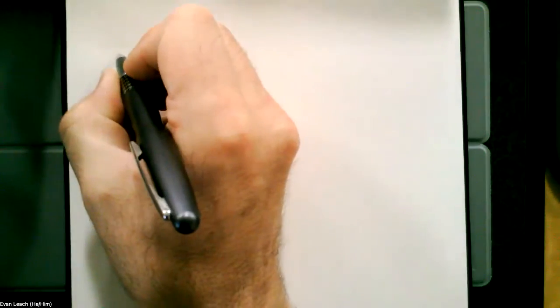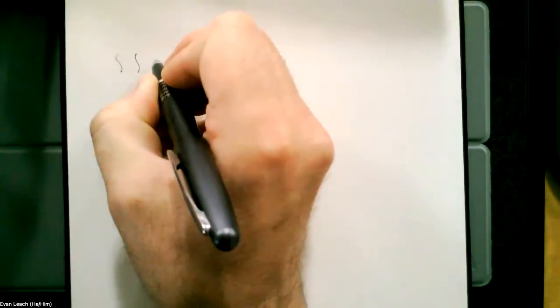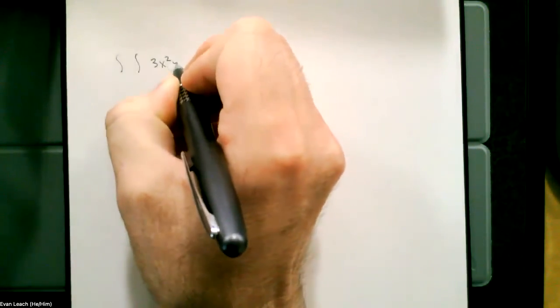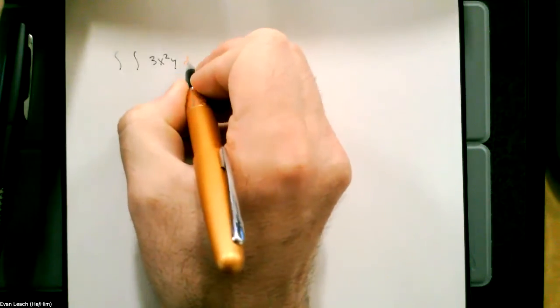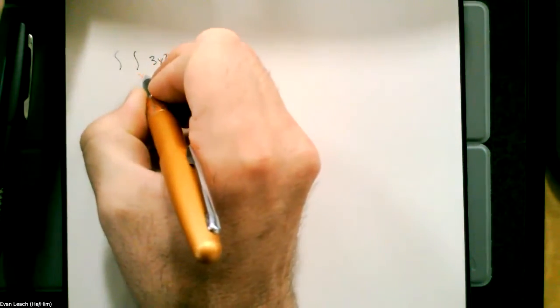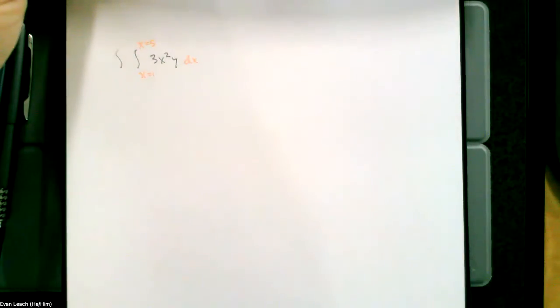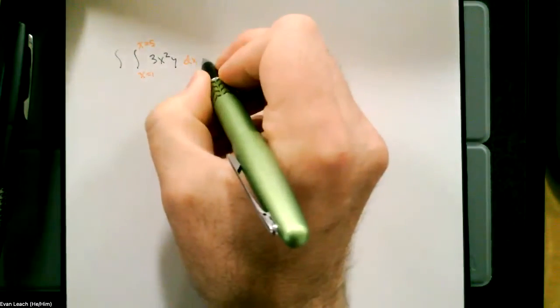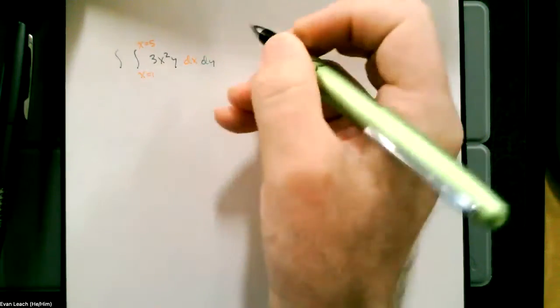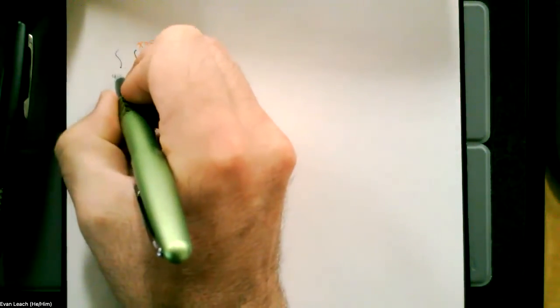So I've got the integral of 3x squared y. Let's do the dx, where x goes from 1 to 5. And let's do the dy, where y goes from 0 to 6.